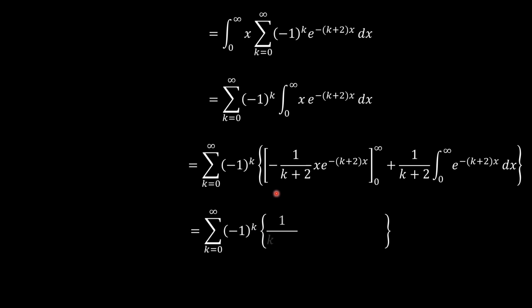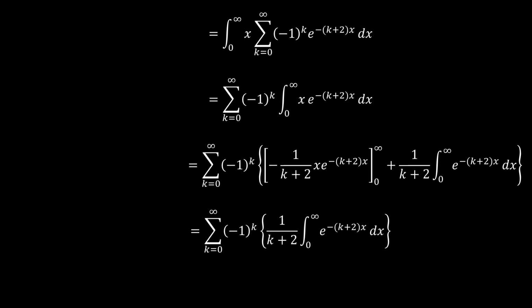And so as you can see here, first of all, let me indicate integration by parts, where we initially have 1 over k plus 2, negative, times x e to the power negative (k plus 2)x.